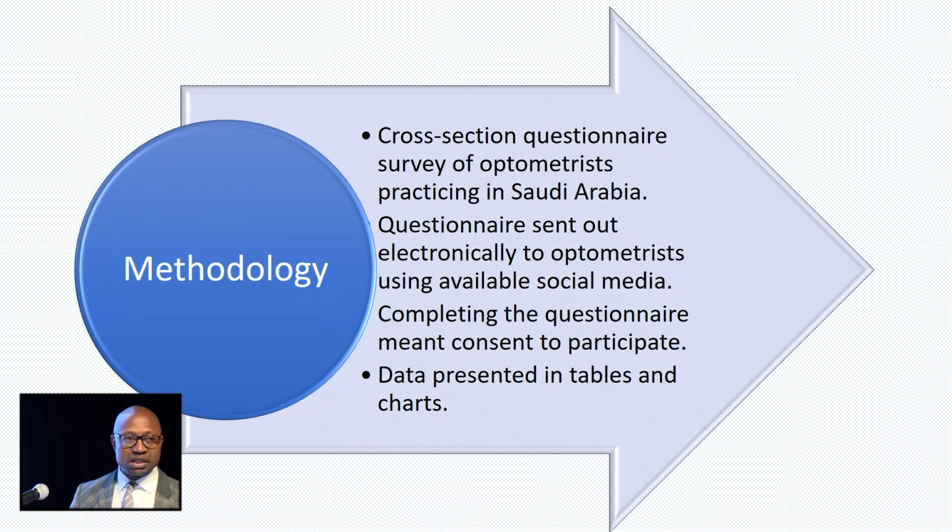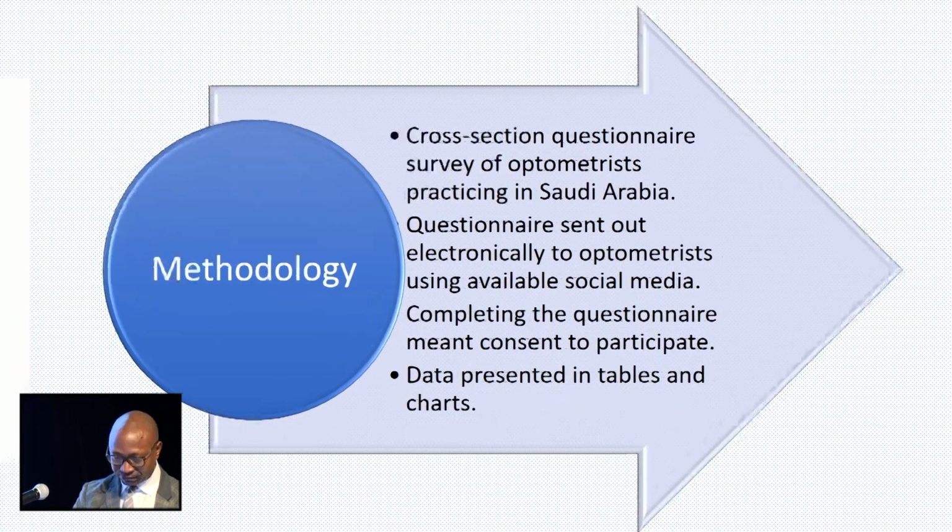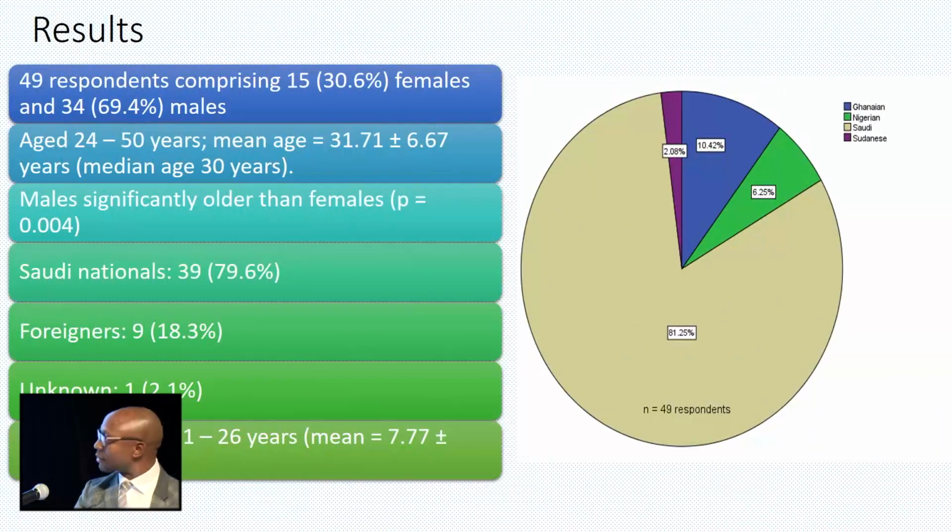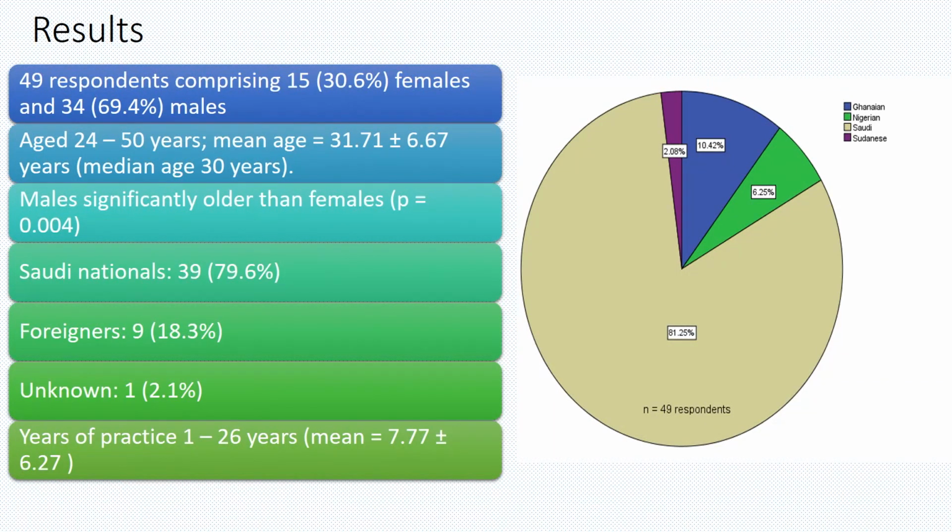And we used other means, social media, WhatsApp, to send to colleagues whose details we had. We also expected that completing this questionnaire would imply that you have given consent to participate in this study.